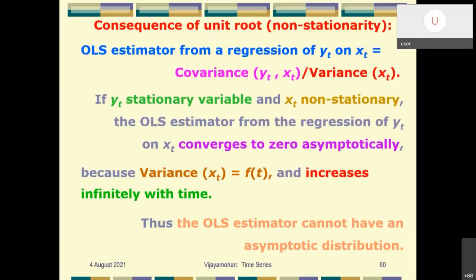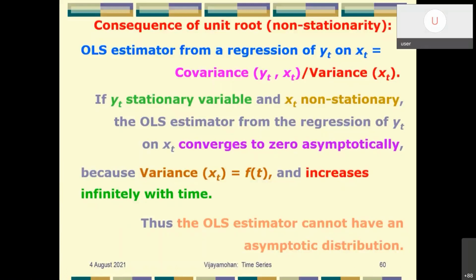Suppose you see, most of the macroeconomic variables are non-stationary. Stationary variables are very rare. Some of the variables are there, but most of the variables are non-stationary.